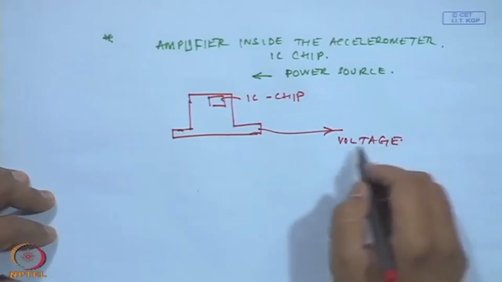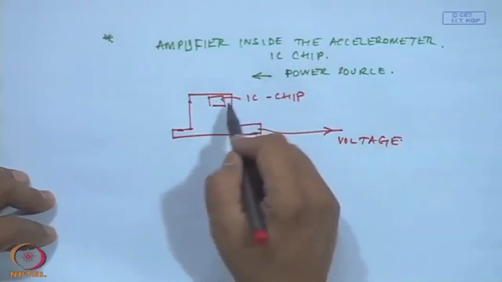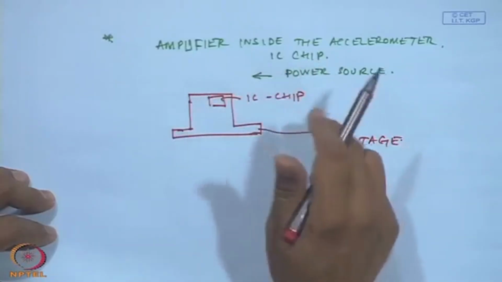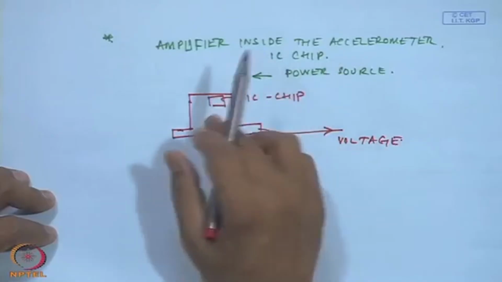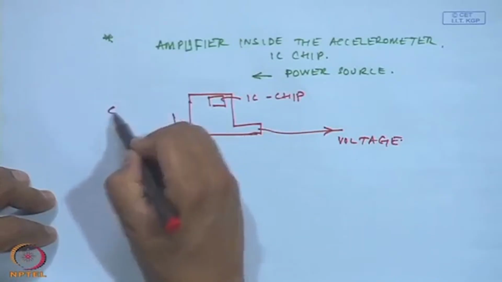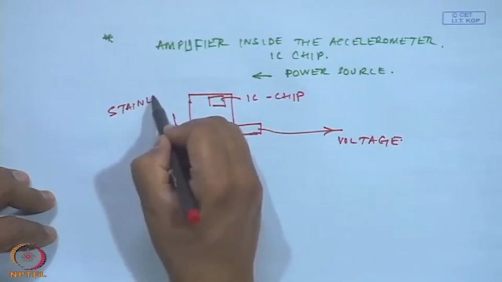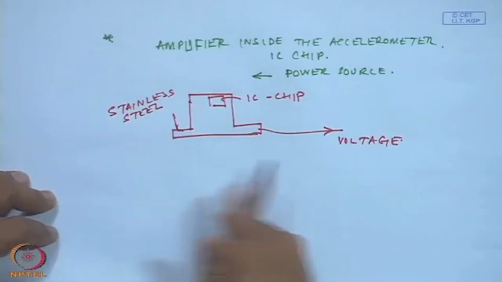The same cable could be used, another conductor could be used to give the power supply to the IC, which is used to convert the charge to the voltage. But the disadvantage of this is that the IC chips are integral and kept inside the accelerometer housing, and usually this housing is stainless steel, very hard, and you can never break it open. They are hermetically sealed.